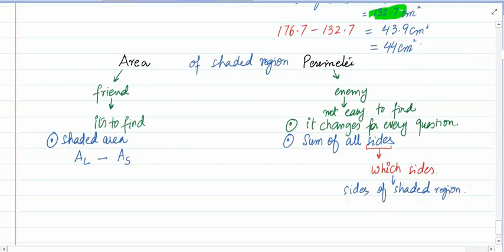That is the shortest and most effective way to find the perimeter in every question. Perimeter is the sum of all sides, we know that, but which sides we need to pick varies on every question.